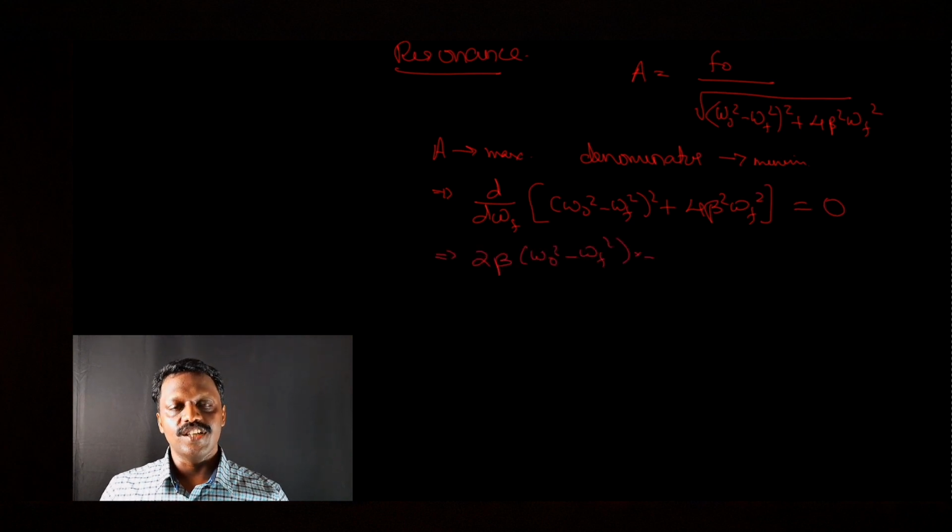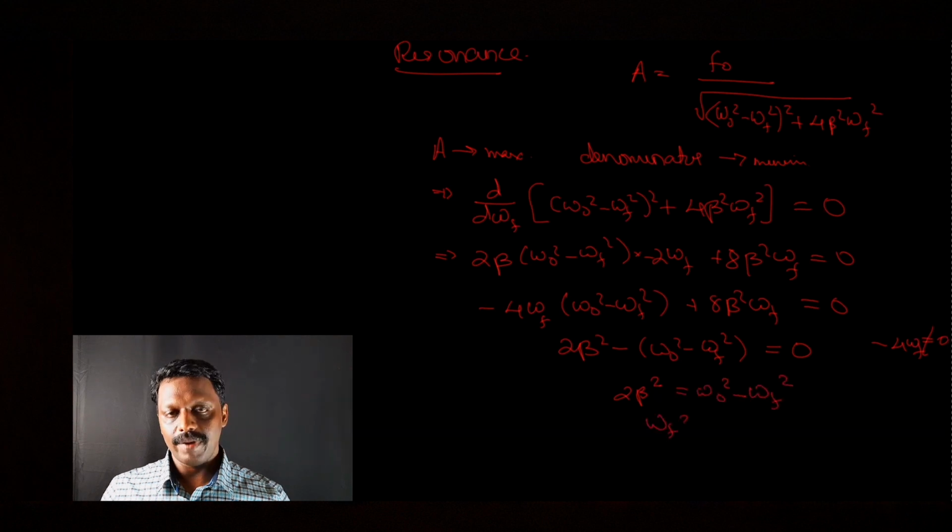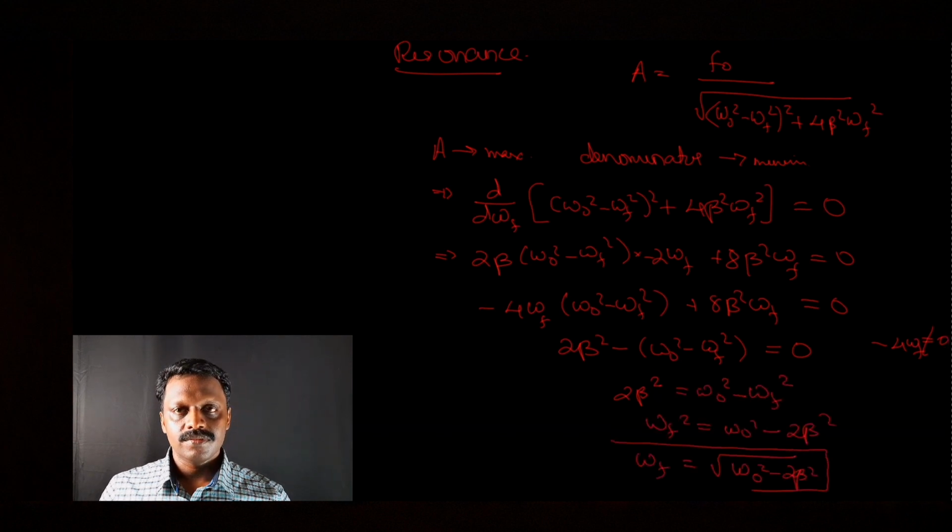Now differentiating with respect to omega f and simplifying, taking the common terms, we will get omega f is equal to root of omega naught square minus 2 beta square. So this is the condition of the external frequency at which the amplitude becomes maximum. That is the resonant frequency.